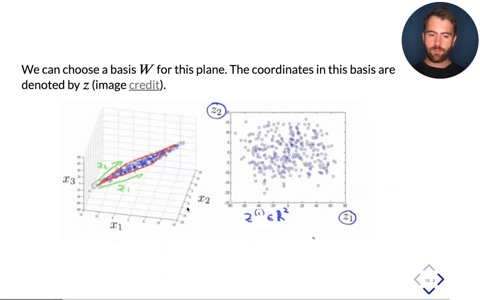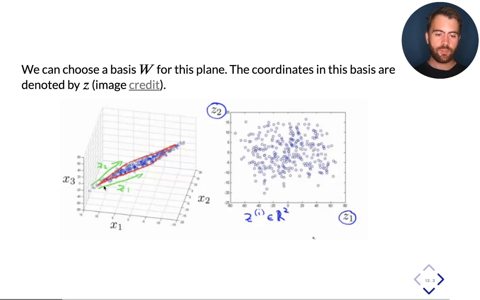Given that we have this plane, we can find a basis for it. So if we have a plane which looks like this, we can find two vectors which serve as the basis of this space. And these are the vectors which I have been denoting by W. That's the orthonormal basis for this plane. We can find two such vectors. And then the latent representation Z is going to be the coordinates in this particular space.